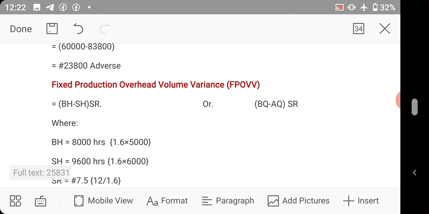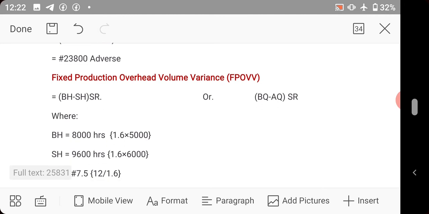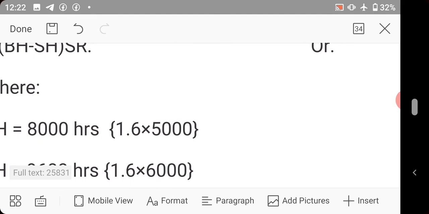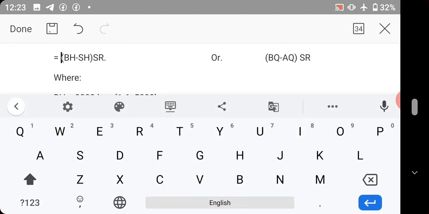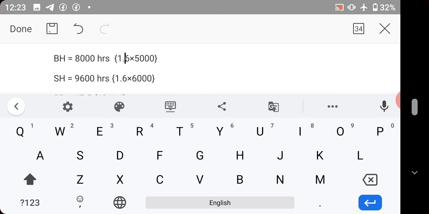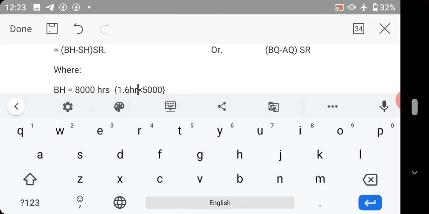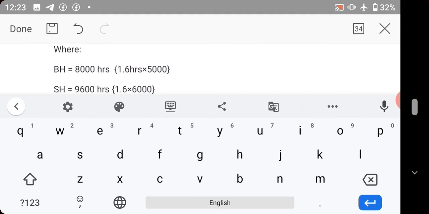So we continue. The formula is budgeted R minus standard R times standard rate. So now budgeted R will be number of hours. And how do we get number of hours? It is standard hour per unit, which is 1.6 hours, times the budgeted units.